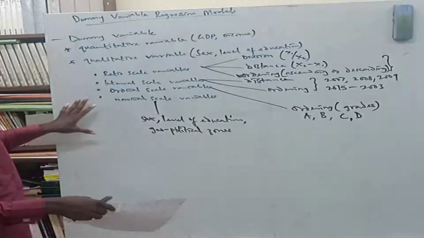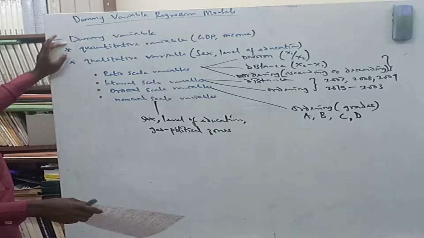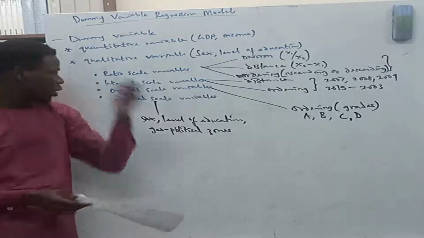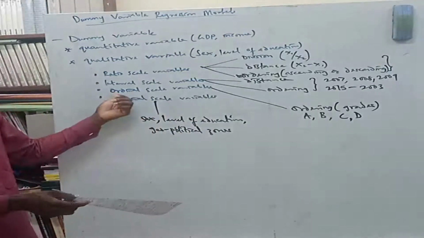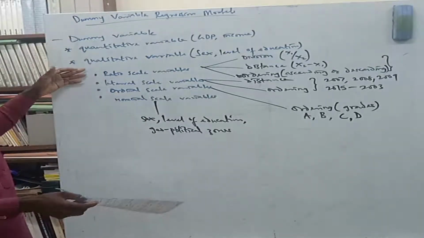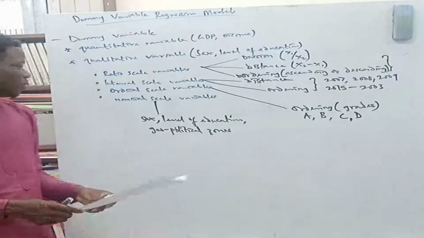So the bottom line is, in dummy variable analysis, what we're working with is nominal scale variables. You can also work with ordinal scale variables, but when you're talking about quantitative variables, you're looking at either ratio or interval scale variables.